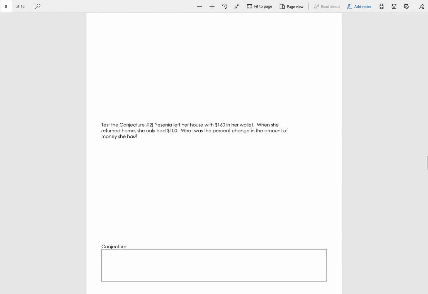So we're going to write, we can find the percent change by using the formula.